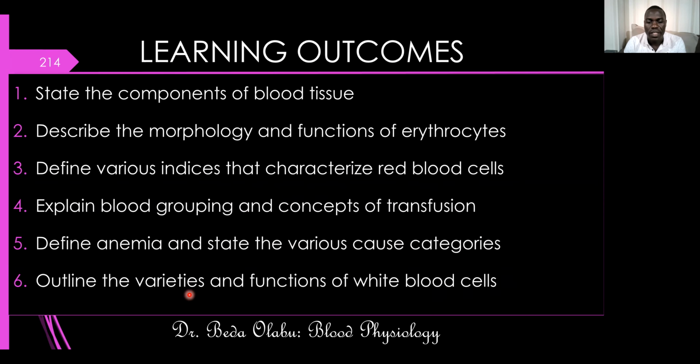We'll say their varieties and their functions. I believe the last two, most likely you've already done. Maybe the last one and number 4, you've already done in your immunology. So just have it for the sake of completion.